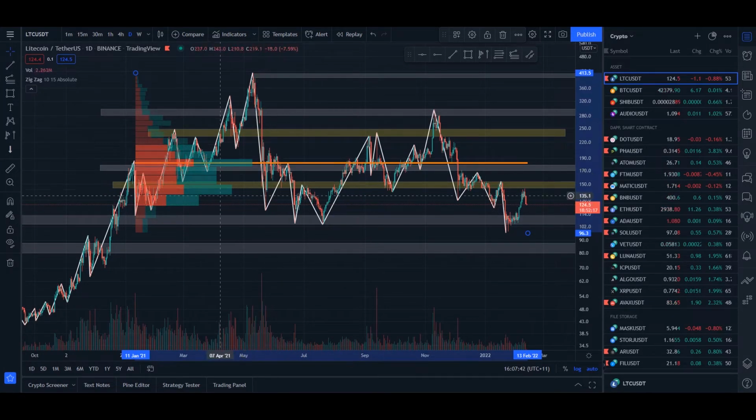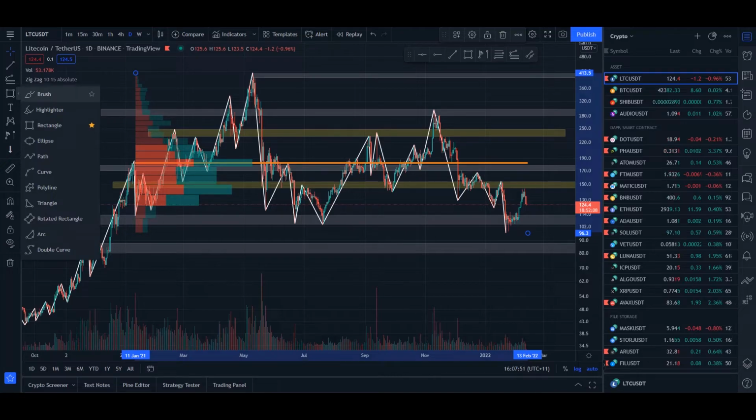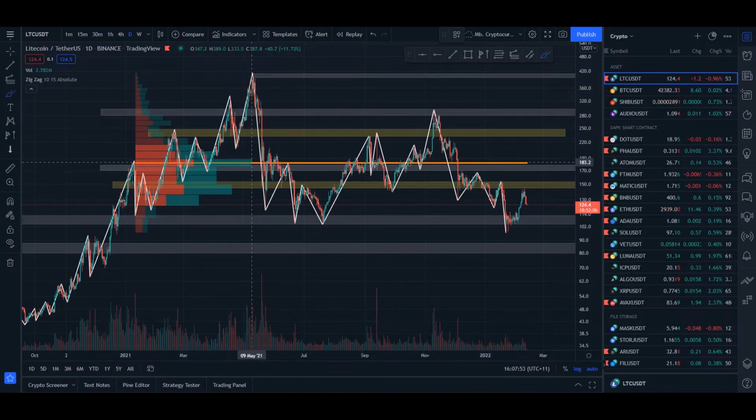So point of control means the major point where the market had more interest to trade was here. Where is the brush? It's here. Let me put it as my favorite. So this area, this price from we can see 170 to roughly 200, the market has interest.